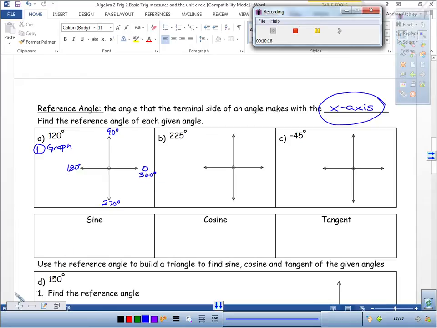Any questions? So when I graph 120, here's my initial side, and 120 is going to be kind of over here. So this right here is 120. And now I always draw the arrow, so I show which direction I'm going.